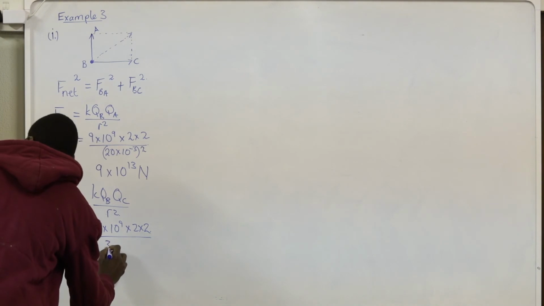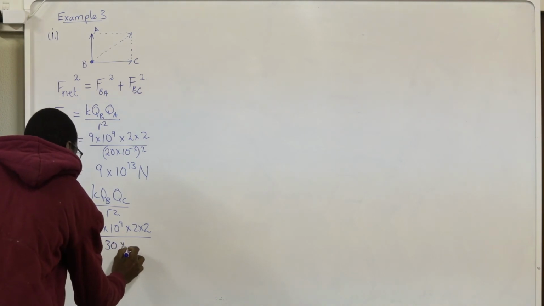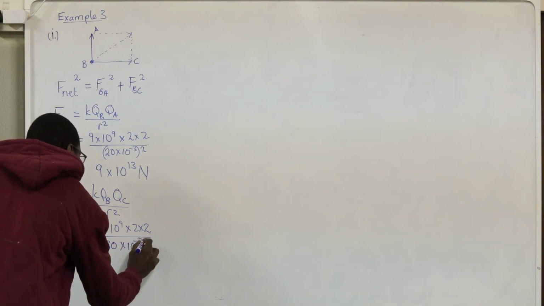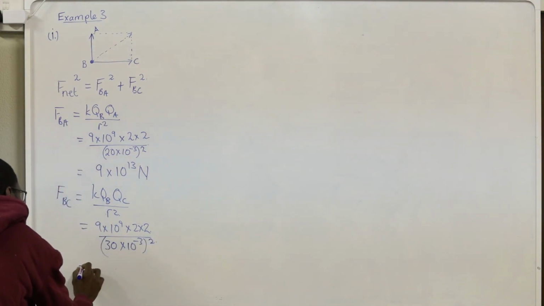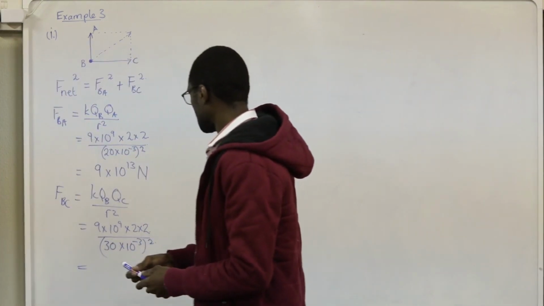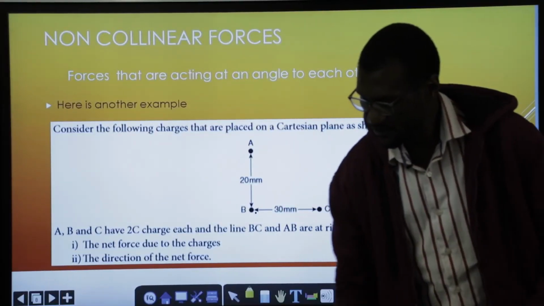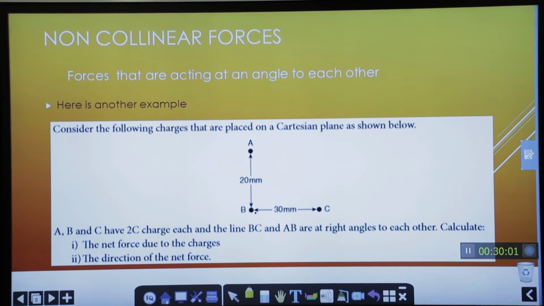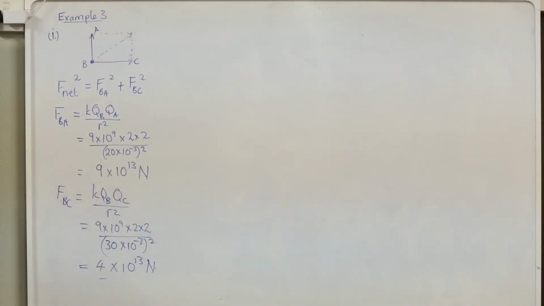Now the distance is 30 times 10 to the power of -3, all squared. Do the calculation also. If you are very diligent with your calculation, you must be getting 4 times 10 to the power of 13 newtons, that's the scientific notation.